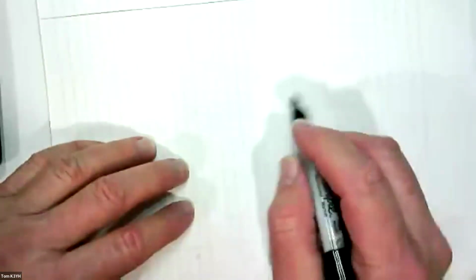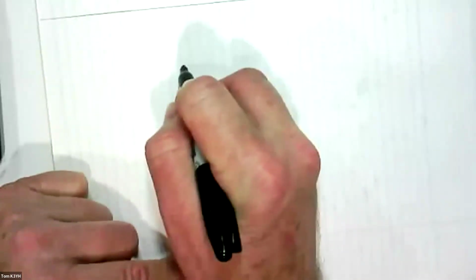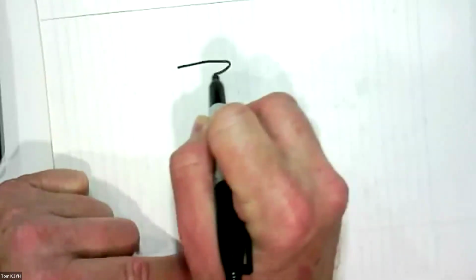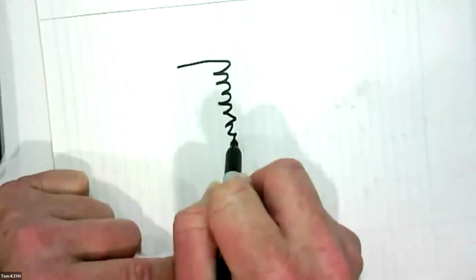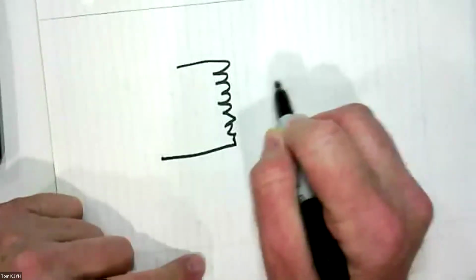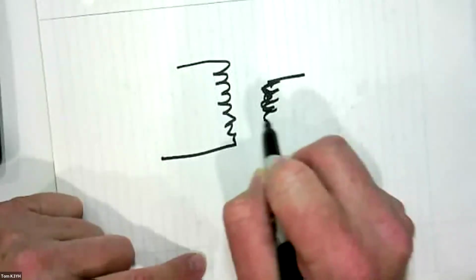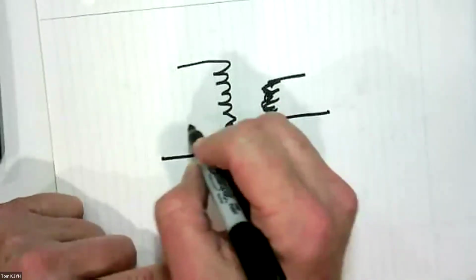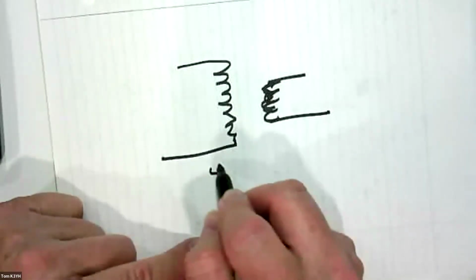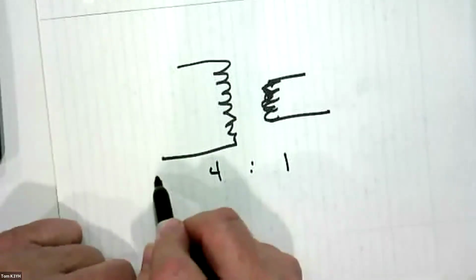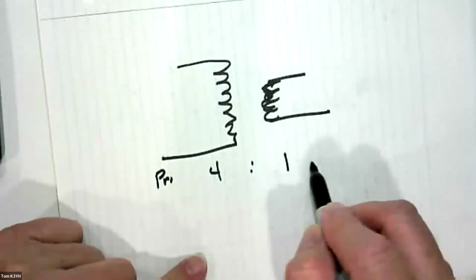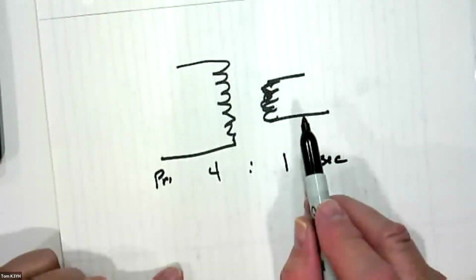Okay, so it's a step-down transformer. So again, you wouldn't see this normally in a schematic, but the windings are like this. The ratio is 4-to-1. Typically, this is the primary, and this is the secondary, and they call it a step down.